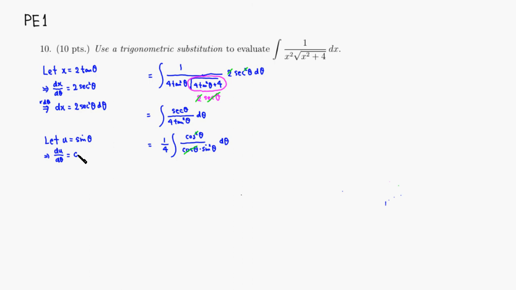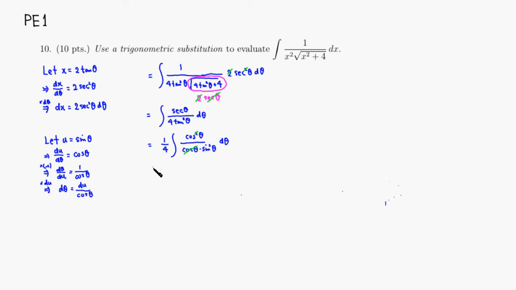You have cosine of theta, and take the reciprocal of both sides. d theta over du is equal to 1 over cosine of theta. Then multiply through by du. We get d theta is equal to du over cosine of theta.